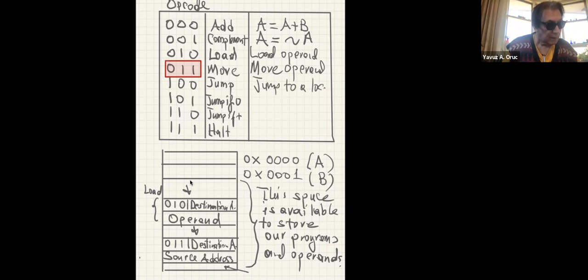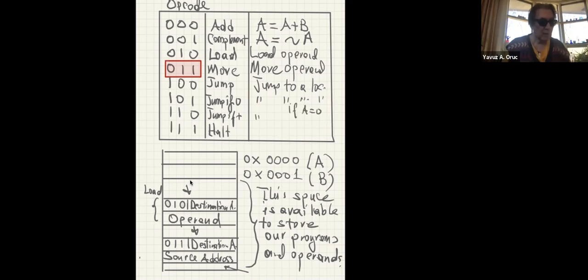And this is jump to a location if 0. What is if 0? That is if the accumulator is equal to 0. Maybe I could say that here, since I seem to have used that second line here. If A is equal to 0.